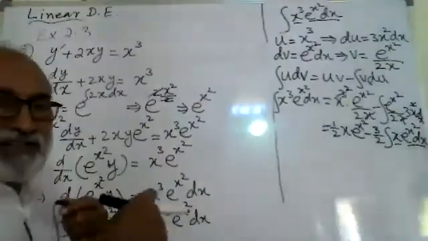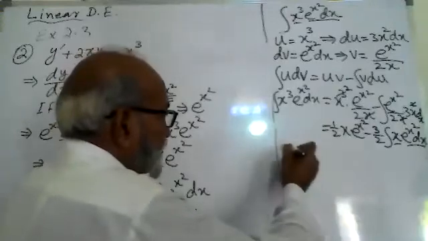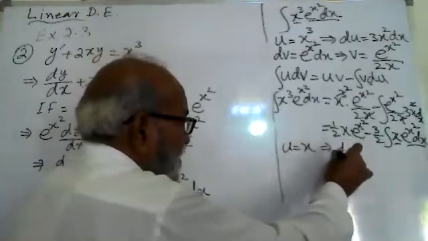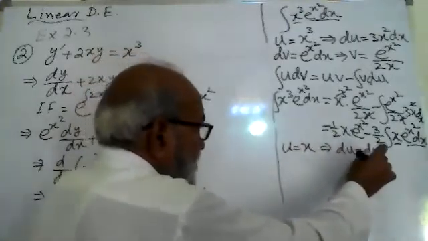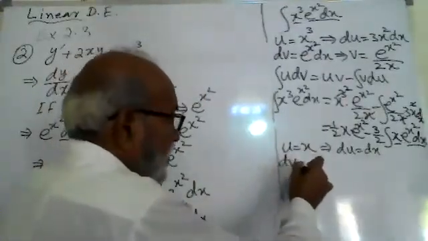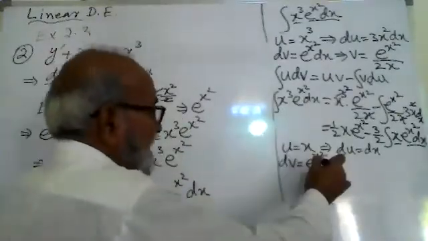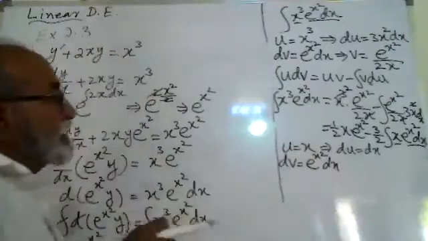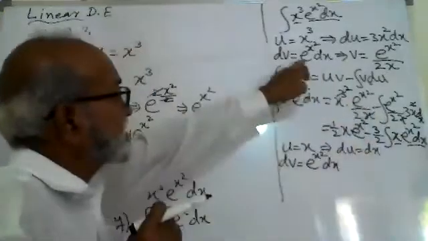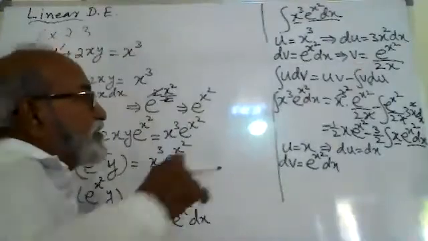So again we will take u is equal to x, then du will be equal to dx. dv is equal to e raised to power x square dx. Just like that, e raised to power x square dx is considered as dv. So v will become e raised to power x square upon 2x.